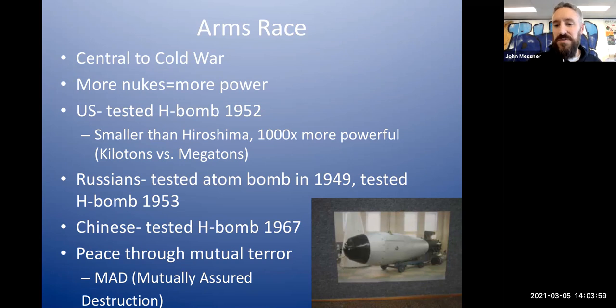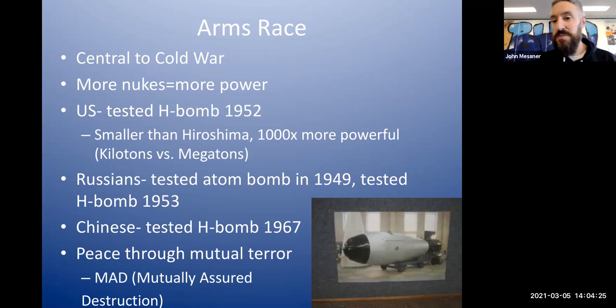Instead of a fission process, it's a fusion process that's going to create a catastrophic energy effect, which is going to explode even more area. They're going to be hundreds and thousands of times more powerful than the bombs that we dropped on Hiroshima and Nagasaki. So we can make these bombs smaller, but thousands of times more powerful.